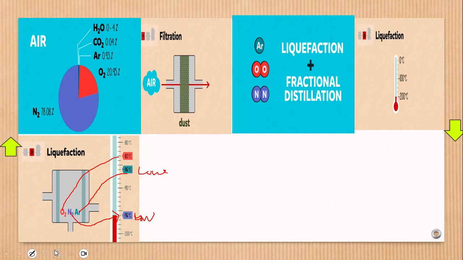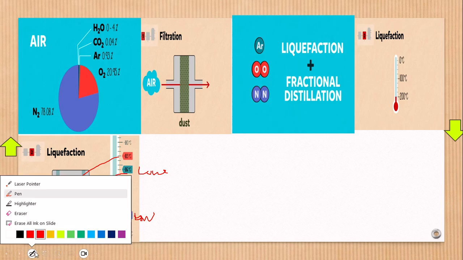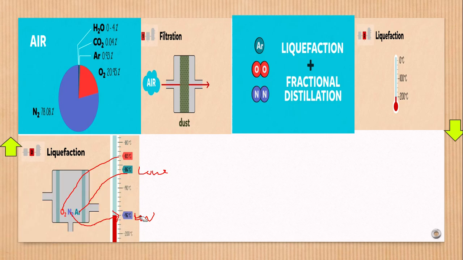In simple terms, you realize that this is for oxygen, this is for argon, this is for nitrogen. Now of these, which one has a low boiling point? This one has a low temperature. This one here is at high temperature.